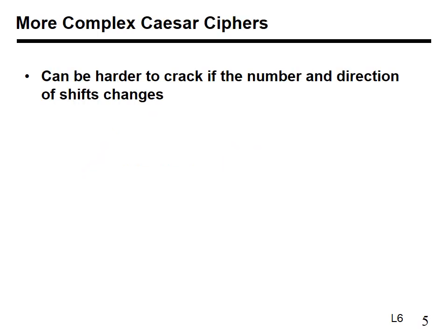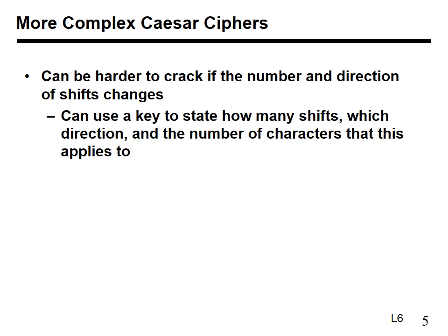So let's look at more complex Caesar ciphers, ones that are hard to decipher even on a computer. We can do this by just changing the direction of movement when we're trying to encode the letters. So we can use a key to state how many shifts, in which direction, and the number of characters that this applies to.